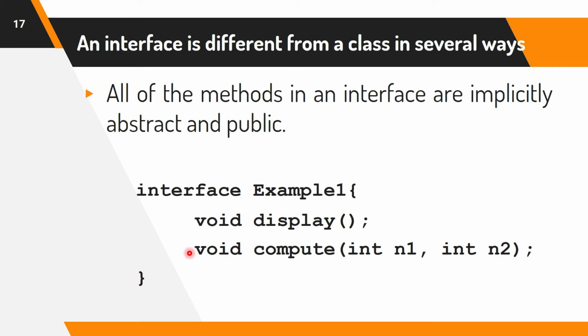Kahit hindi mo nalagyan ng abstract keyword, automatic, it is an abstract method already. And it is, again, another general method member. Ang responsible for the implementation is the class that will implement this interface.